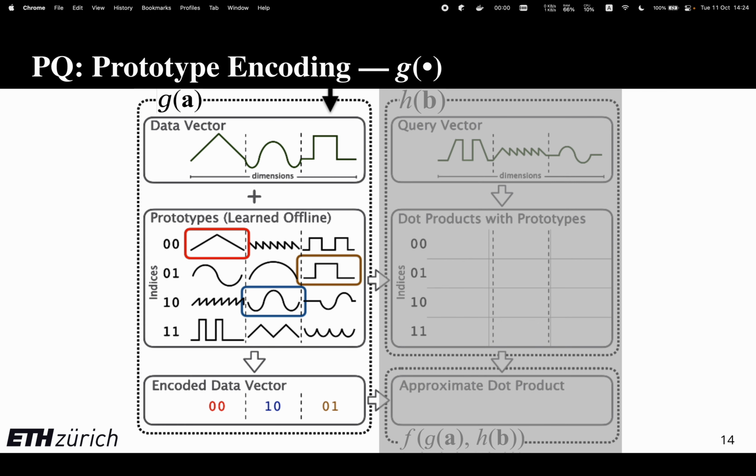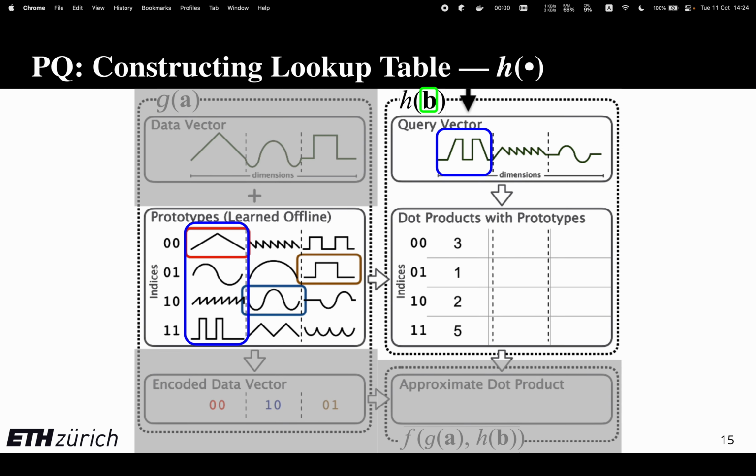Now, having encoded the data matrix, what we do next is we deal with the B matrix, right? The so-called query vector. The B vector is a column of the capital B matrix. In this case, we also partition the original space into the same number of subspaces.